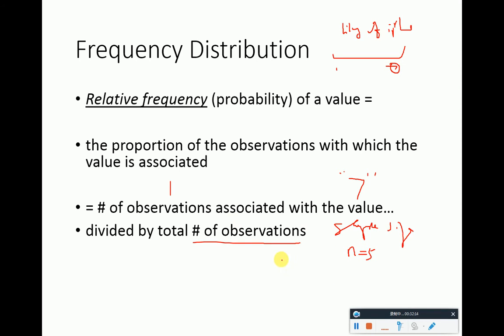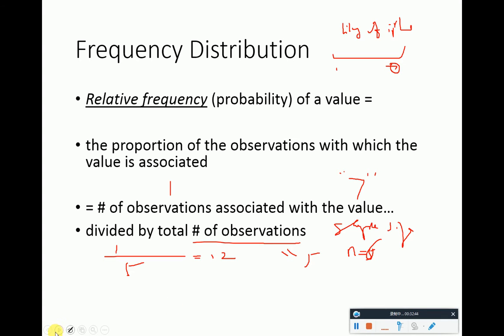Okay, so in our example, we say that there are 6 people because the number should include me, right? 5 of you plus 1, so 6. So number of observations is 5. Okay, so now we have the relative frequency. That's 1 over 5. That is 0.2.